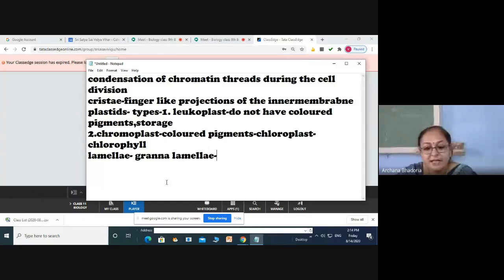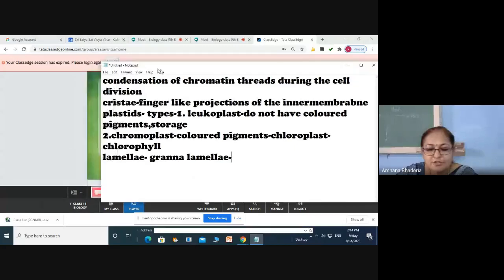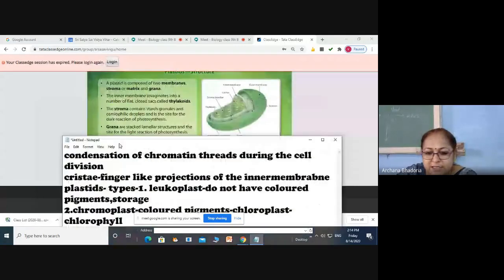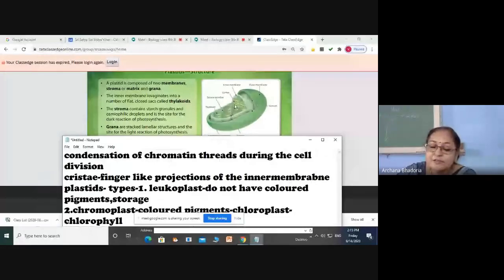Now what is grana lamellae? Now you try to see in this diagram these sac-like structures, which are labeled here as thylakoids. Could you see in the diagram?